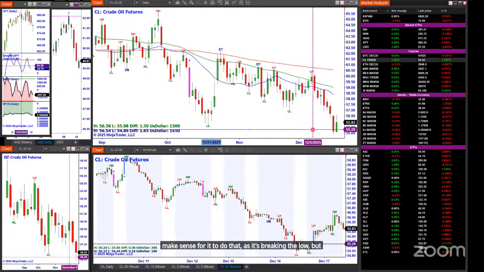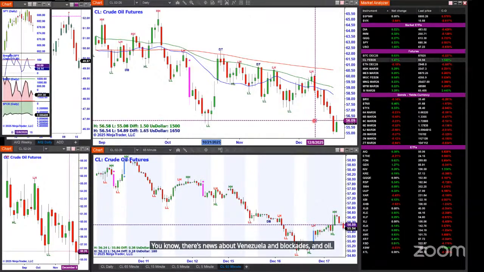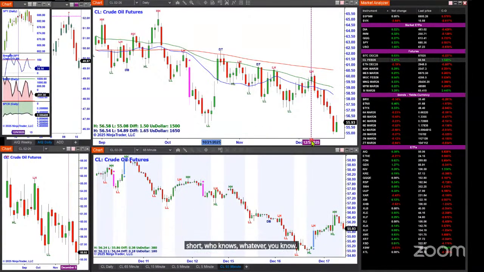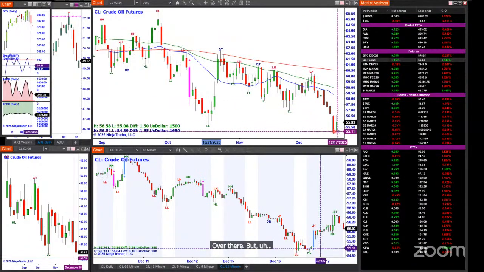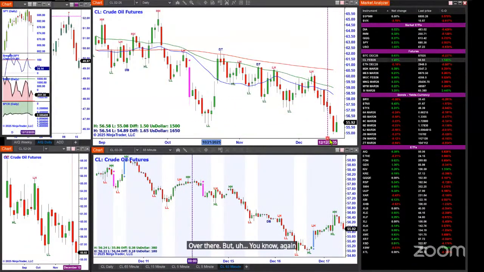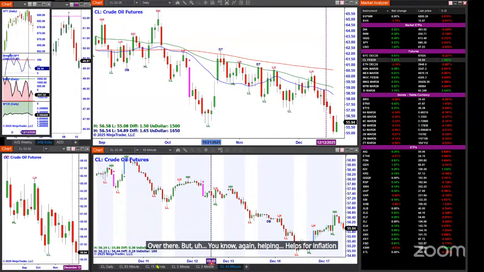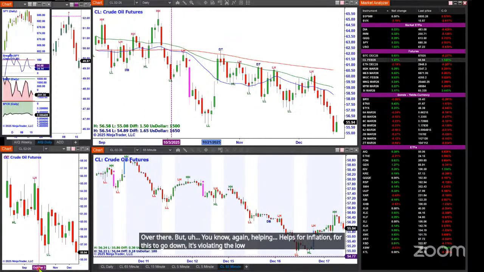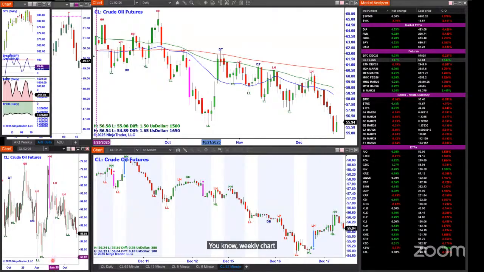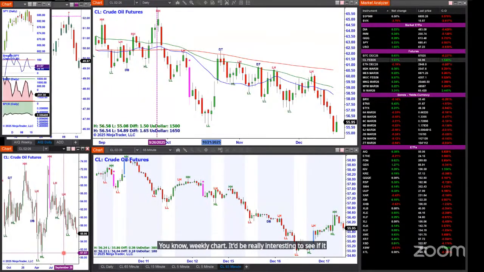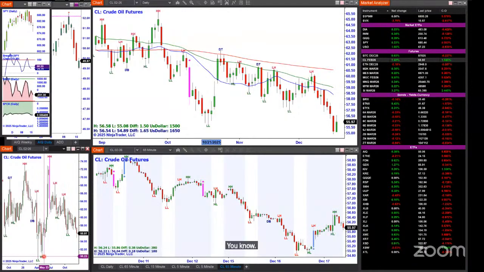But there's news about Venezuela and blockades and oil, who knows, more BS going on over there. But again, it helps inflation for this to go down. It's violating the low down there. Weekly chart. It'd be really interesting to see if it keeps dropping down to these levels, way down there, and what happens.